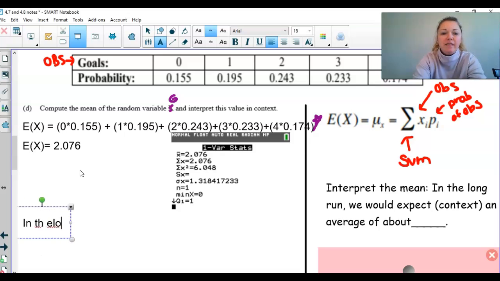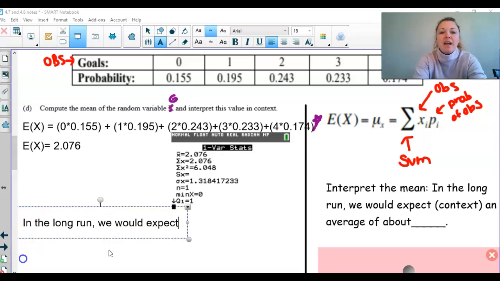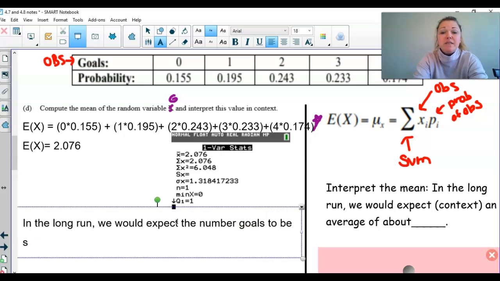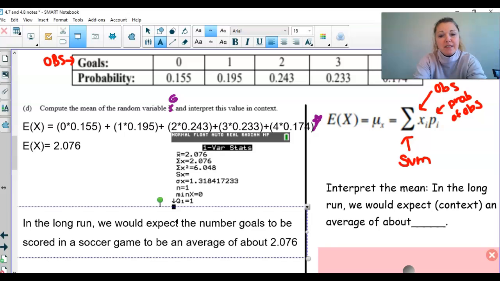In the long run, we would expect the number of goals to be scored in a soccer game to be an average of about 2.076 goals, okay? Again, in context, using that word average, and the word about. It's going to be about or approximately.